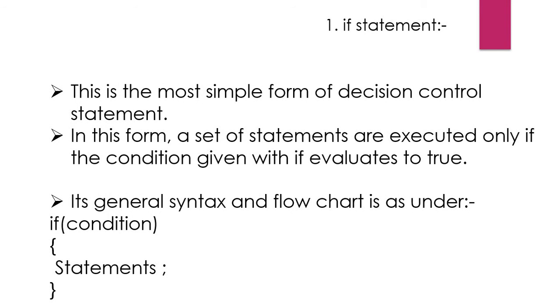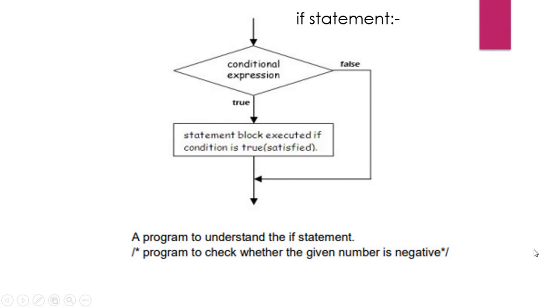In the simplest form of decision control statement, the set of statements is executed only if the condition is evaluated true. This is the simple syntax for the if statement. Next, this is a program to check whether the given number is negative or not. We just have to give the expression.